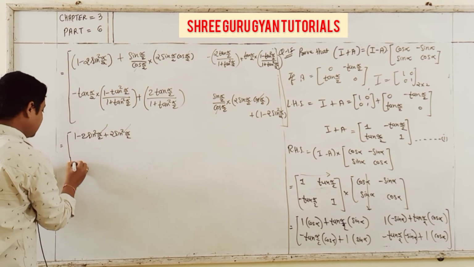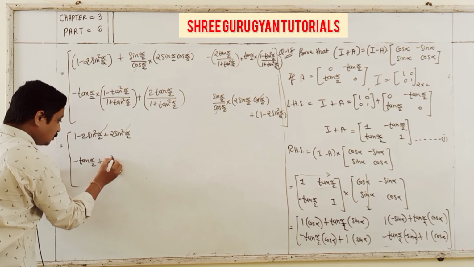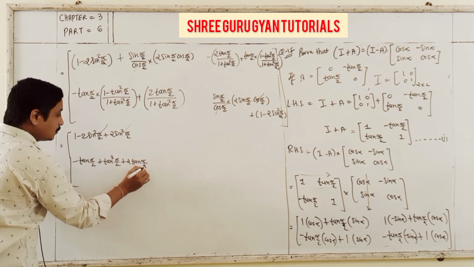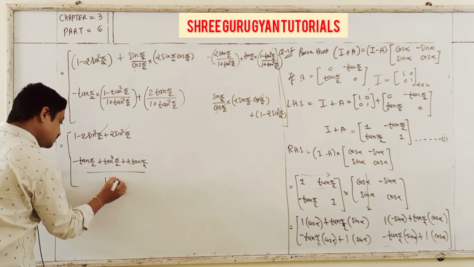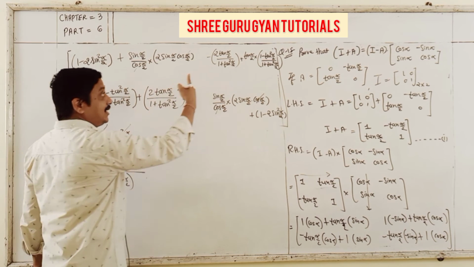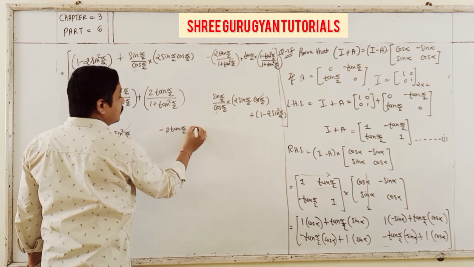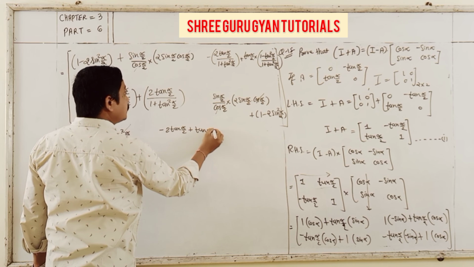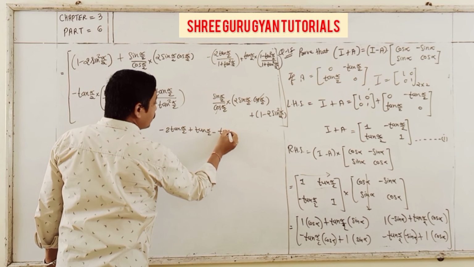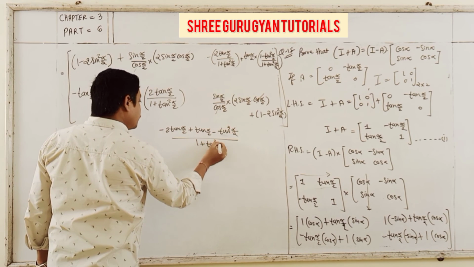Yes, so minus tan alpha by 2 plus tan cube alpha by 2 plus 2 tan alpha by 2 upon 1 plus tan square. And this side also, similarly taking the LCM: minus 2 tan alpha by 2 plus tan alpha by 2 minus tan cube alpha by 2 upon 1 plus tan square alpha by 2.